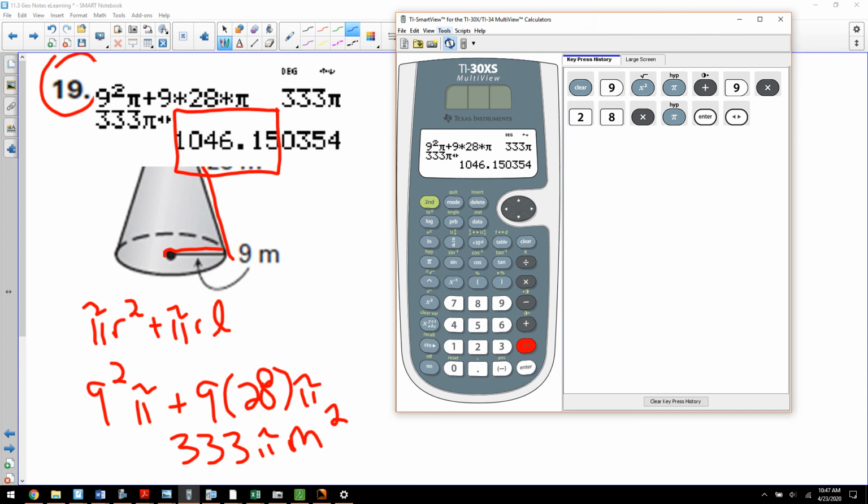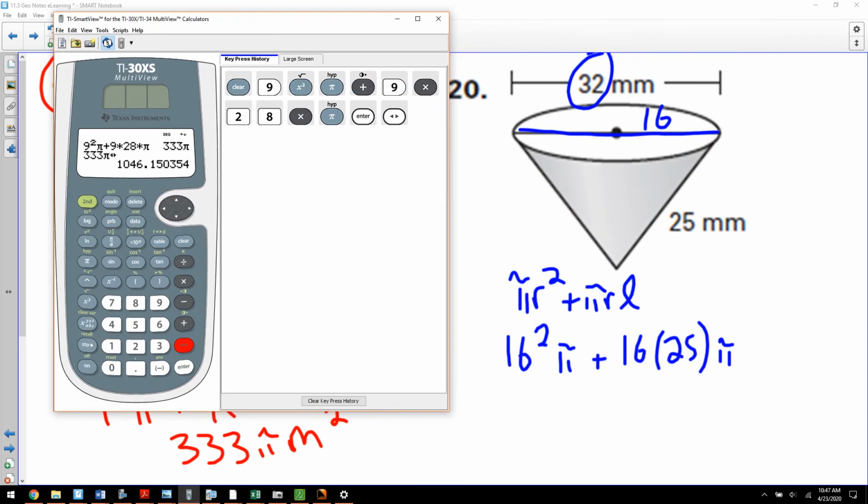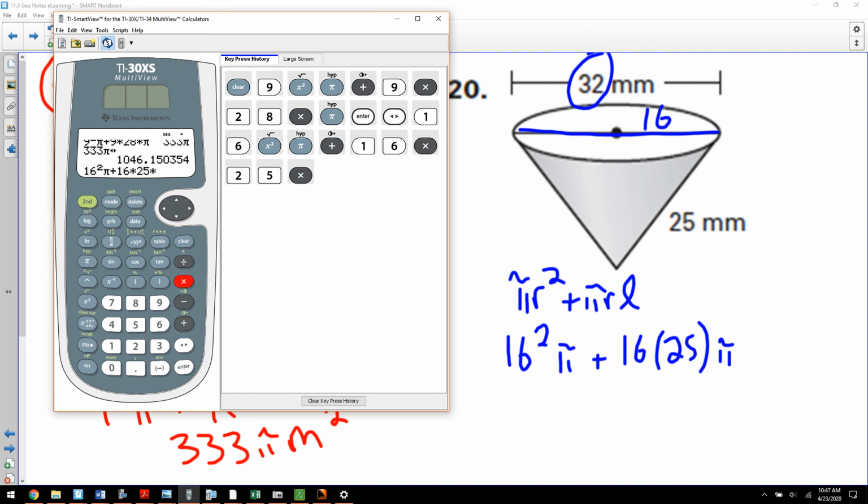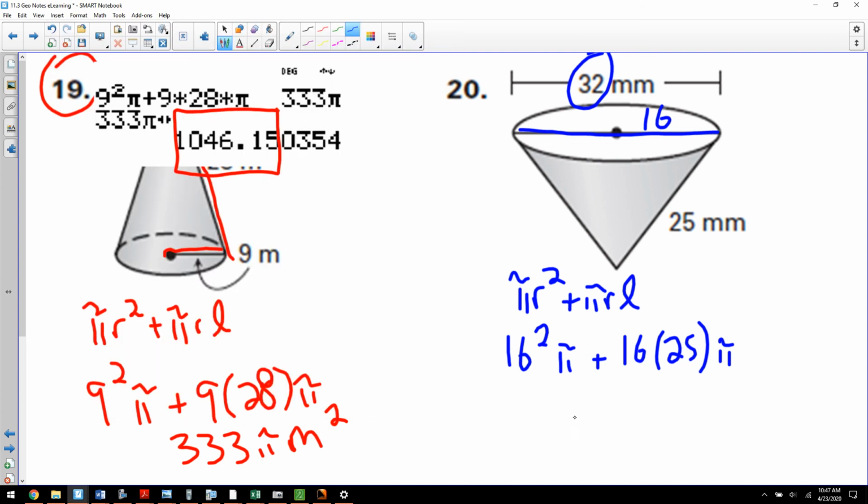Move this over so you can see. 16 squared, put a pi next to it, plus 16 times 25 times pi. And again, it'll give us our answer in terms of pi. This one is 656 pi, and this was in millimeters. Okay? And it works like that. All right? Let's try one more here.